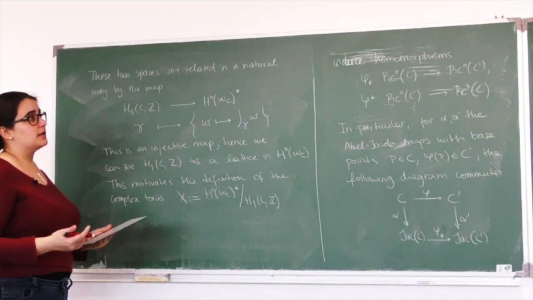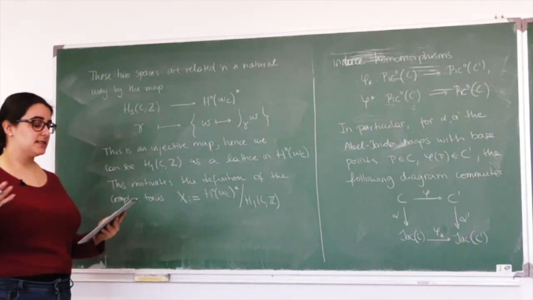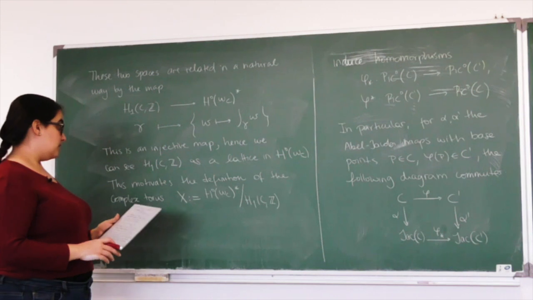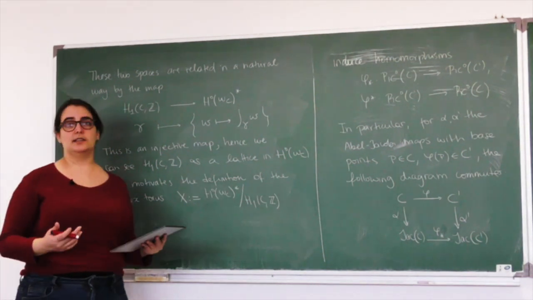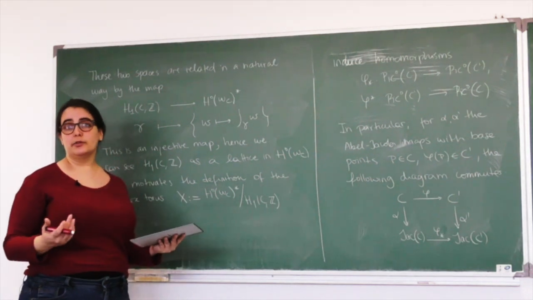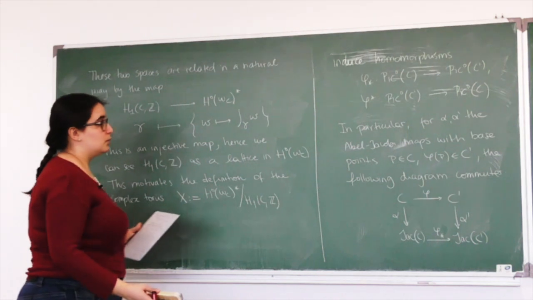So as before, now we can take bases on both spaces, and this will give us a period matrix. And in order to see that this complex torus is actually an abelian variety, we need to associate to it a Riemann form. So we will also see how to do that.